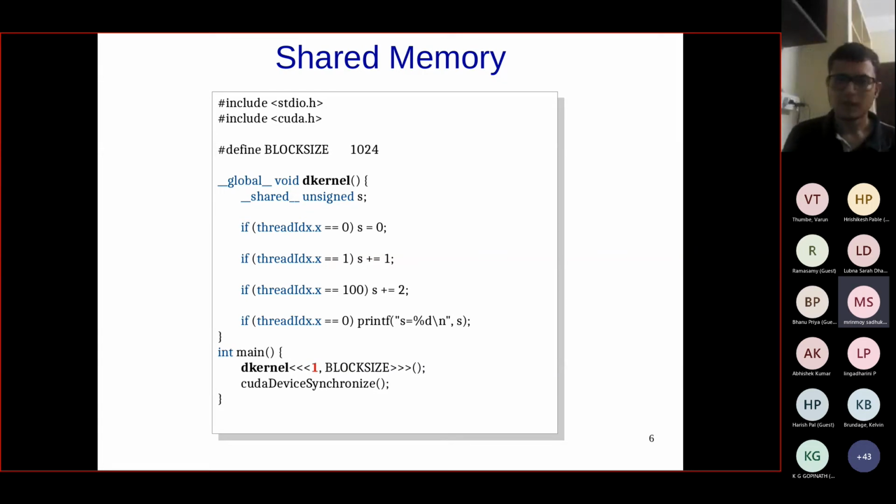This program gives multiple outputs because of the parallel execution between the first warp and the warp containing thread 100. In order to restrict it to just one output, what can we do here? Think about it. Please post your answers in the chat.